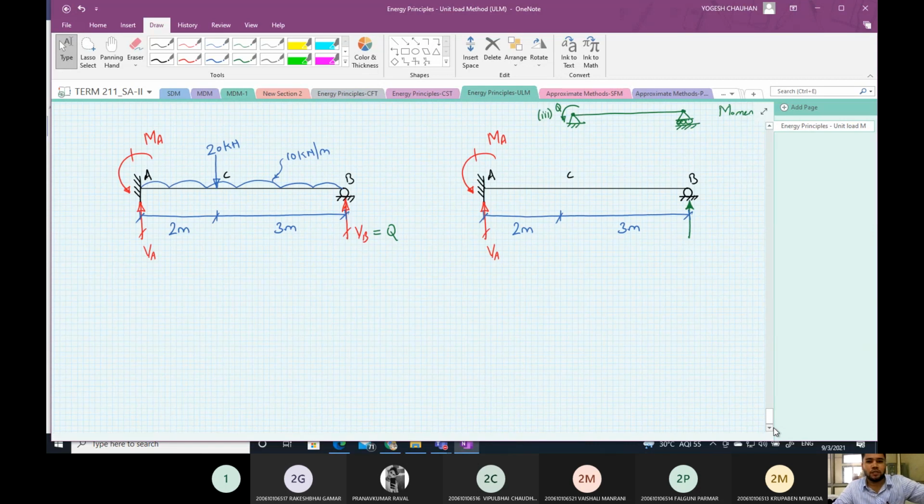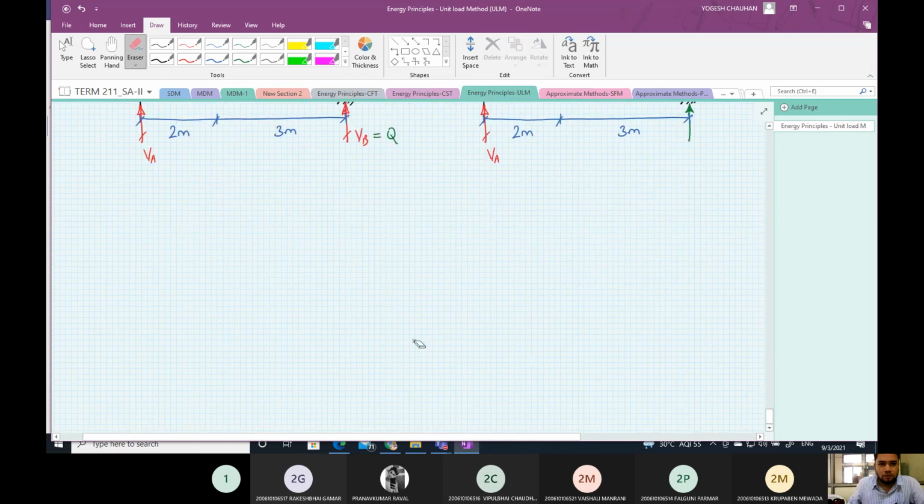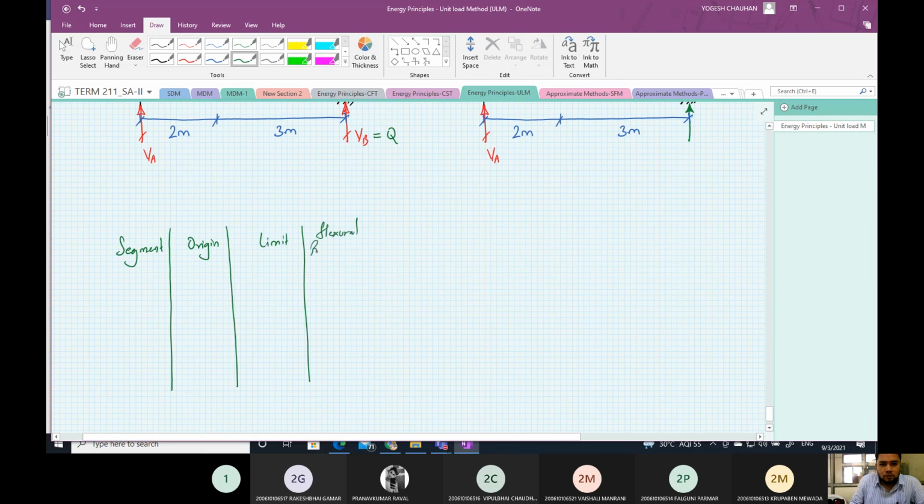So now let us formulate the table. First is segment, origin, limit, flexure rigidity, capital M and small m.